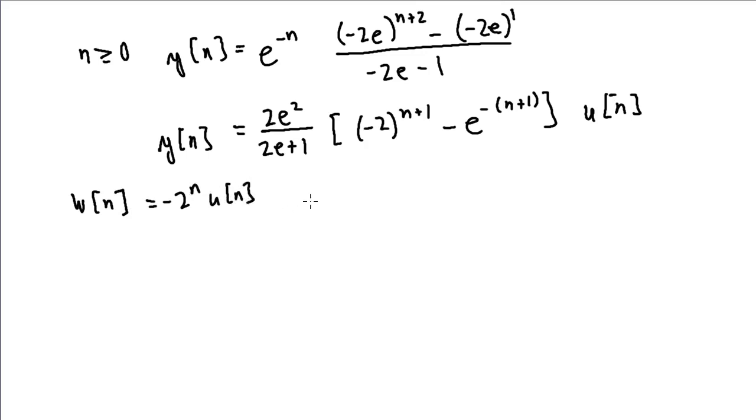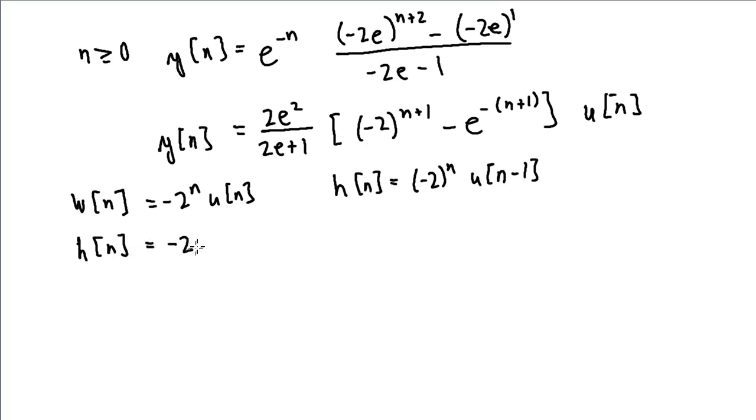Since our impulse response was minus 2 to the n u of n minus 1, h of n is related to w of n.